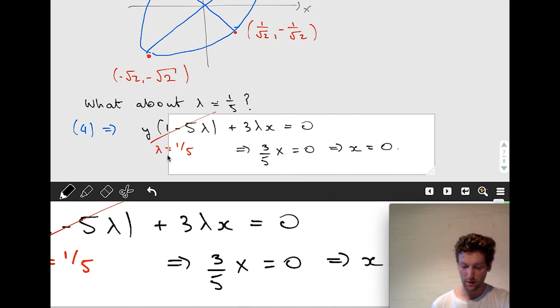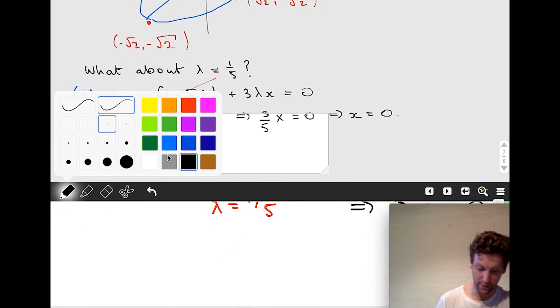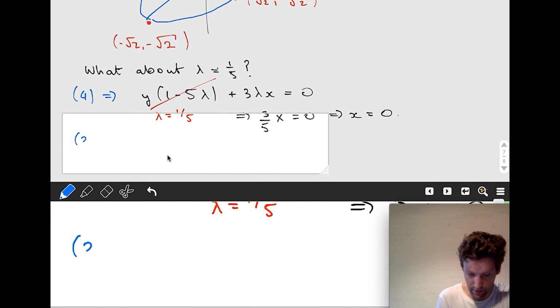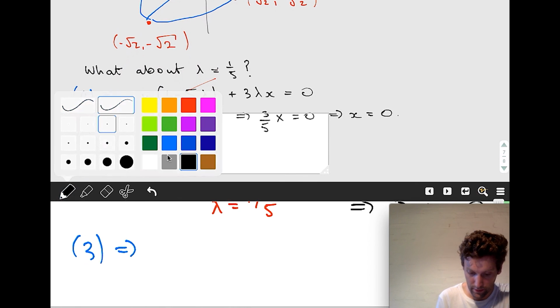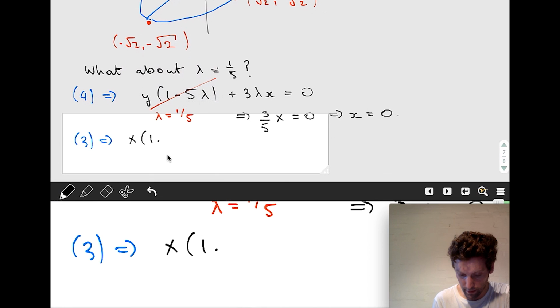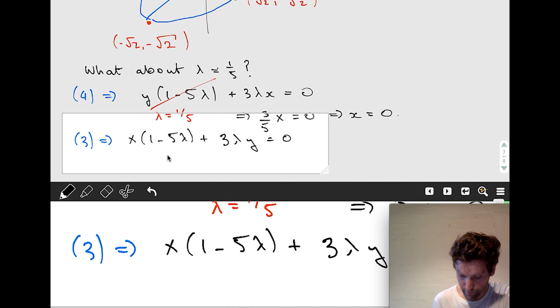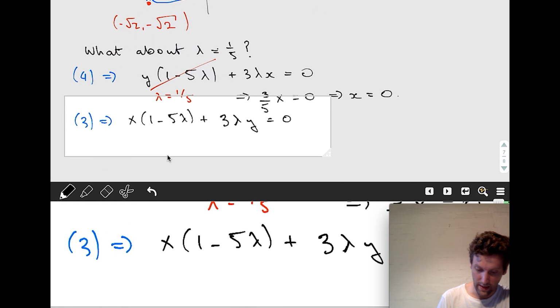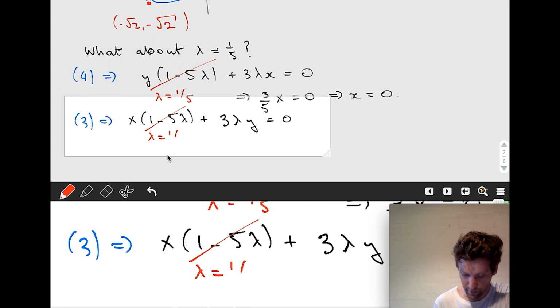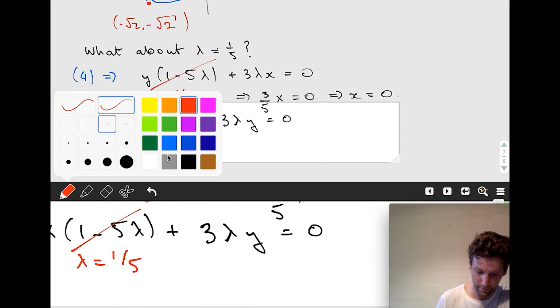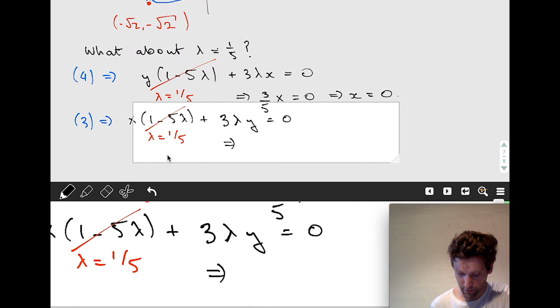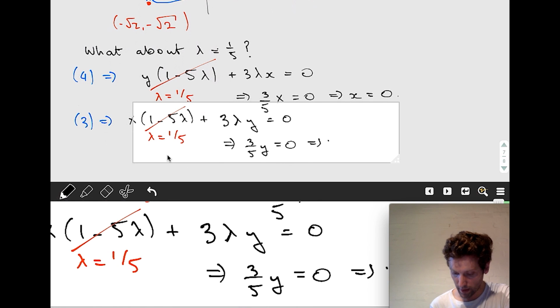Okay. Let's also look at what would happen if I substituted that into expression 3. So expression 3 was x times 1 minus 5 lambda plus 3 times lambda y equals to 0. Again, if lambda is equal to 1/5, that expression there will be 0, and I'm left with 3 times lambda, so 3 over 5 times y is equal to 0, which again gives me y is equal to 0.